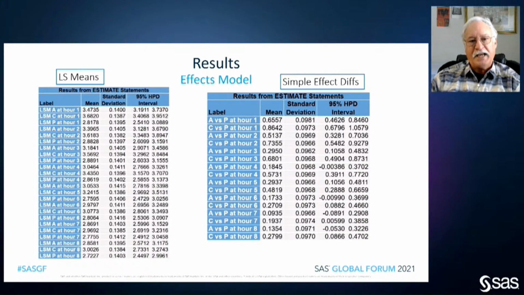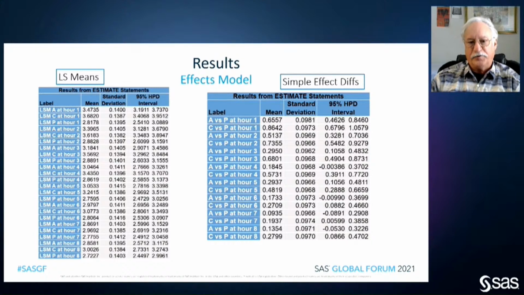The result on the right-hand side are the comparisons between these. And so these give the differences and their HPD intervals between each drug and the placebo at each one of the hours.